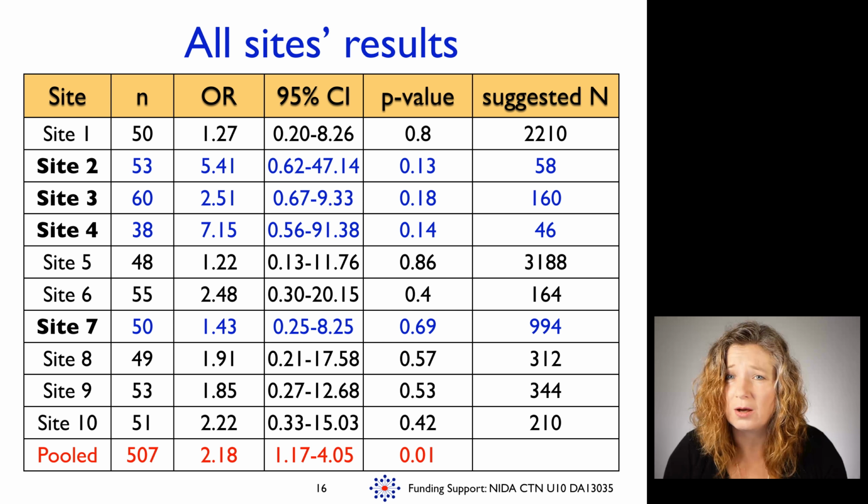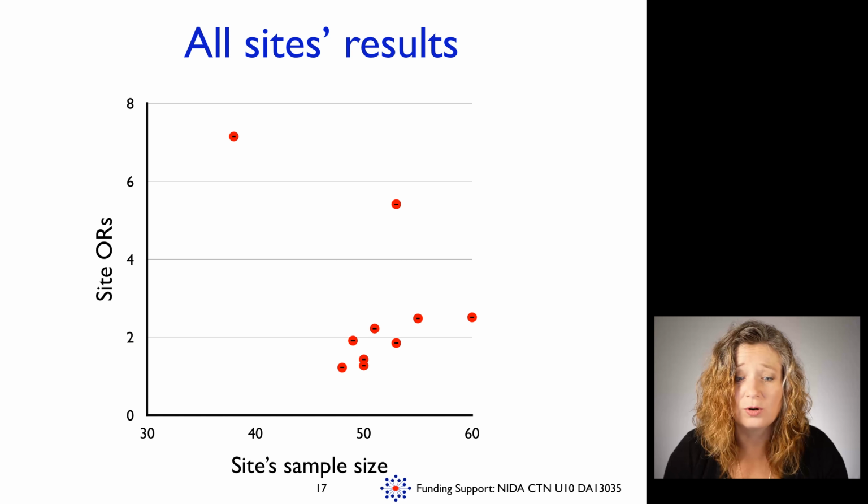If we just pick one site as our pilot study, how would we know whether we are having results that are too good to be true or maybe too bad and the truth is actually much better? It's very hard to tell. So here is a scatter plot: on the x-axis we have site sample size, and on the y-axis we have the obtained odds ratios, and you can see that they are basically scattered all around.